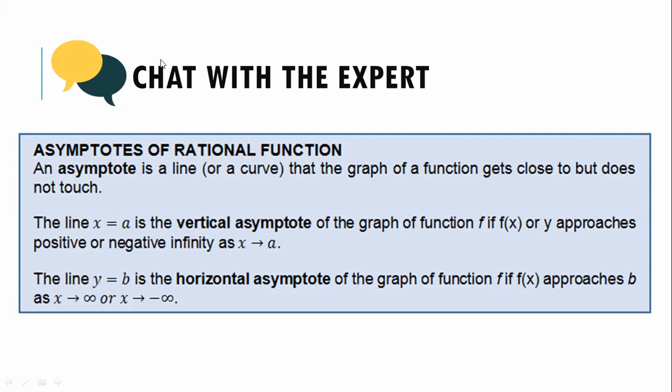Now, what is an asymptote? I told you a while ago that an asymptote is a line or a curve that the graph of a function gets close to but does not touch.